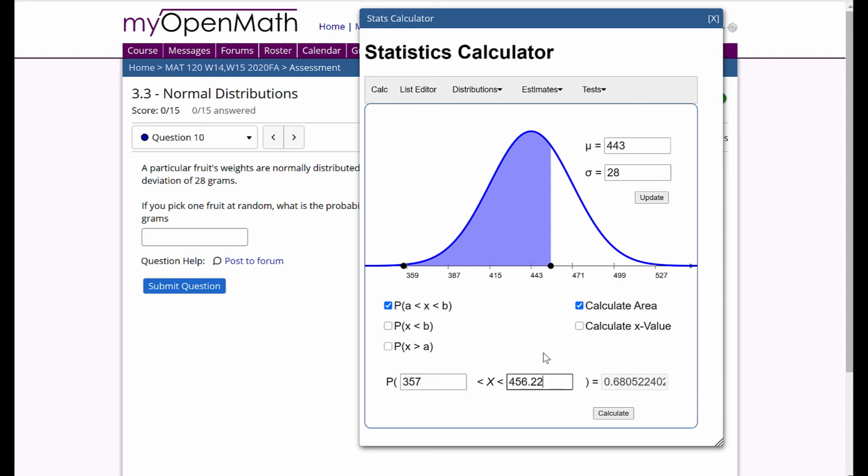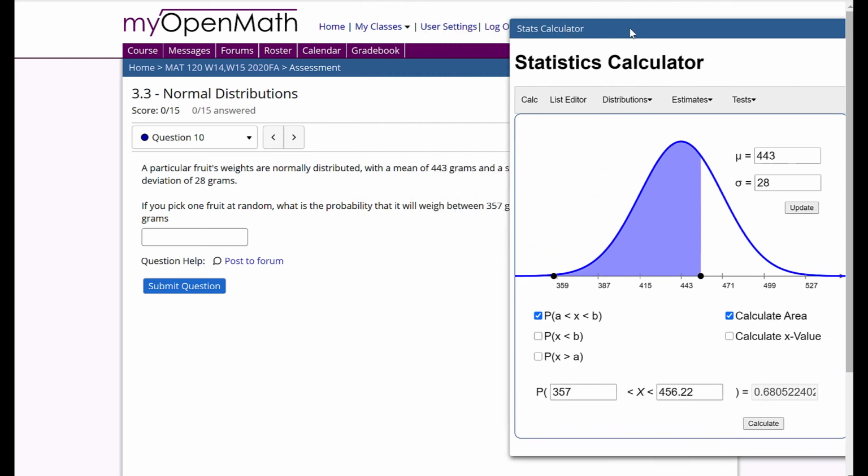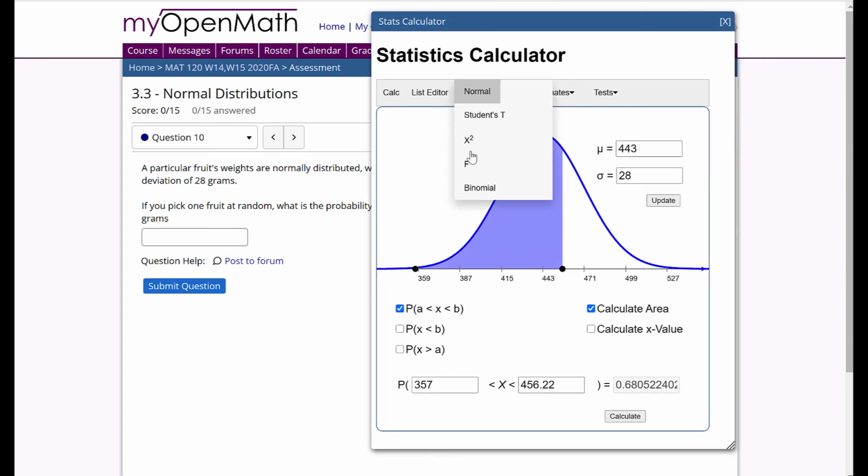All right, now the upper bound is 448. So I would also just recommend typing that in, and then press the calculate button, or you should just be able to press enter. Either way, it will readjust so that your point's directly on 448 here and 357 there.